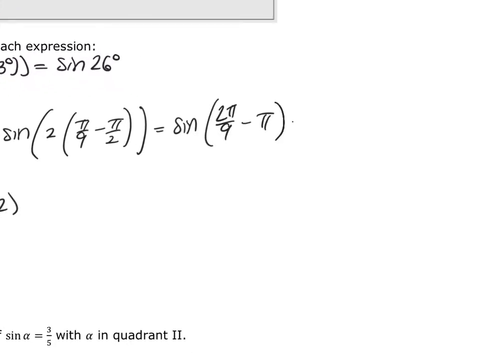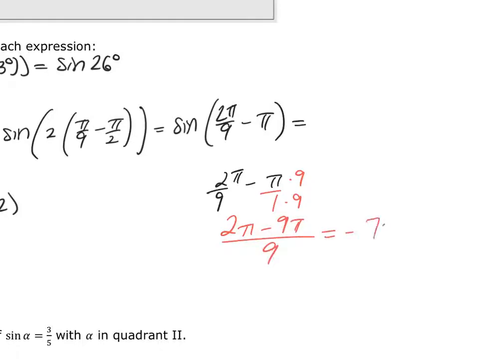Still not done though. We want to be done. So I have to make this a single fraction and then deal with the fact it's going to be a negative. So I'm going to do 2 over 9 pi minus pi. Same common denominator, so I'm going to multiply this by 9 and this by 9. So I have 2 pi minus 9 pi all over 9, which gives me negative 7 pi over 9.